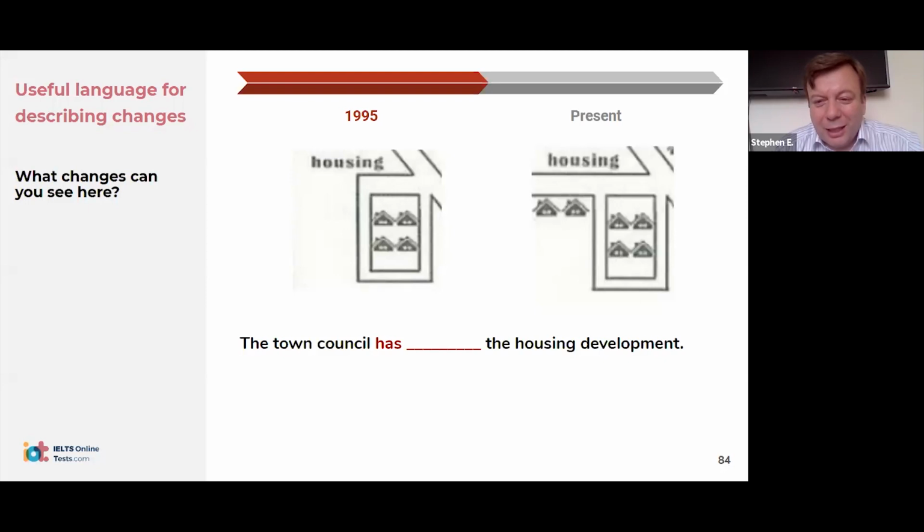So think about some of the language we looked at. So Fern's hip, I think. Yeah, good. Expanded. So how about the passive voice then? The housing development.